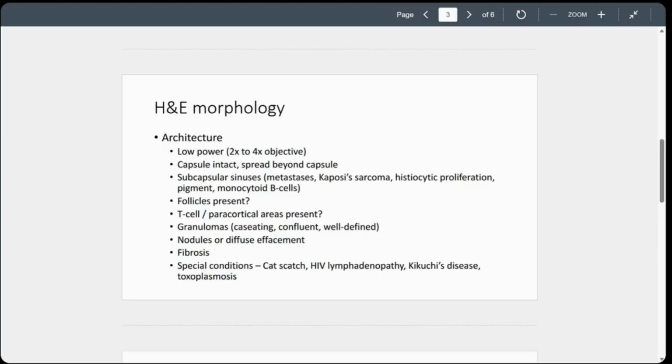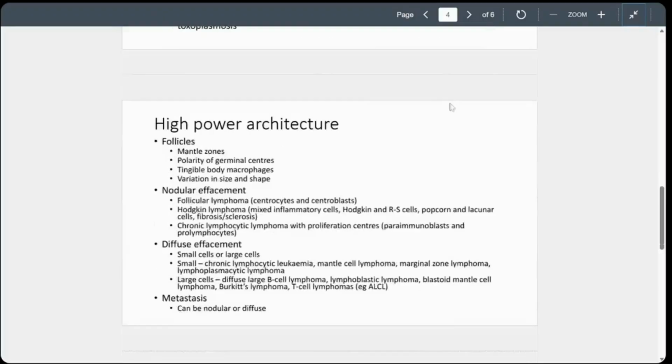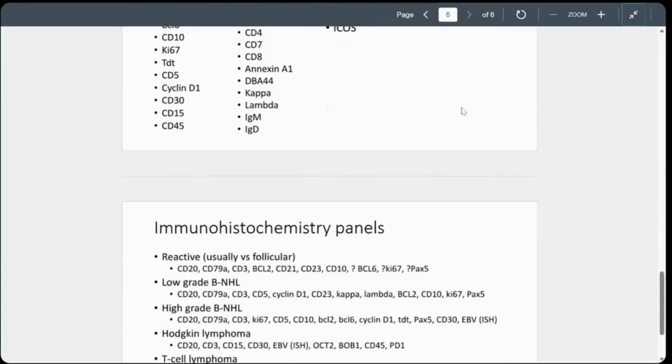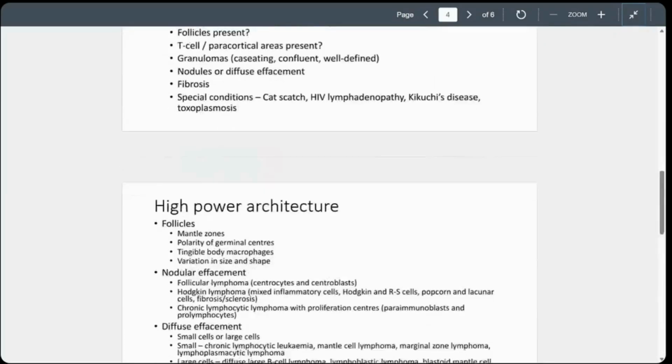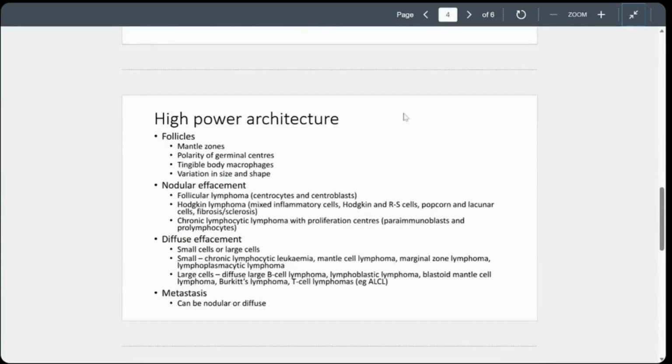And then in terms of reactive conditions, there are some special conditions, of which I think the most important are cat scratch, HIV lymphadenopathy, Kikuchi's disease, and toxoplasmosis. I don't want to spend too long on this because I want to get onto some slides, and I'm sure you do too. So once you've looked at the low power, these are the high power things to look at.